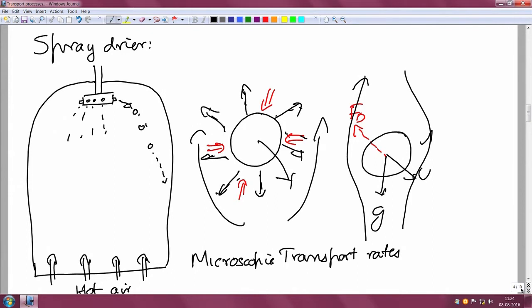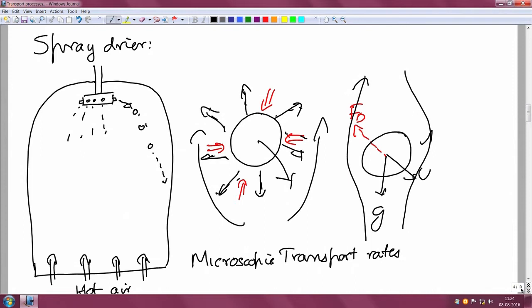These droplets usually contain a lot of moisture, roughly 80% in many cases, relatively small in size, about 100 microns, and as they move through the fluid, there has to be heat transferred through the droplet to evaporate all the moisture that is inside. This heat transfer evaporates the water, and that water has to be transferred out of the droplet. Okay. Both of these take place through a combination of convection and diffusion.